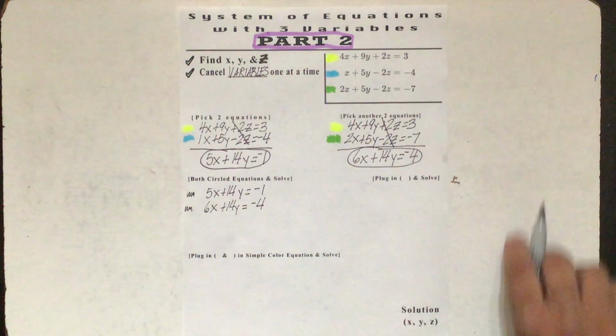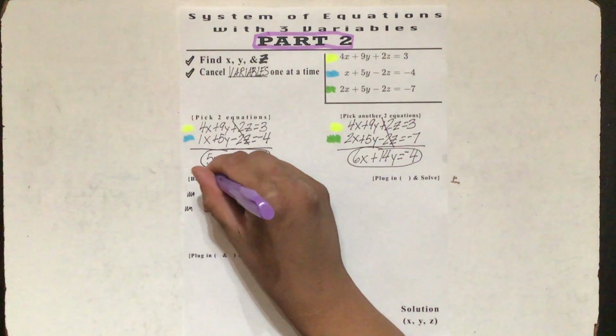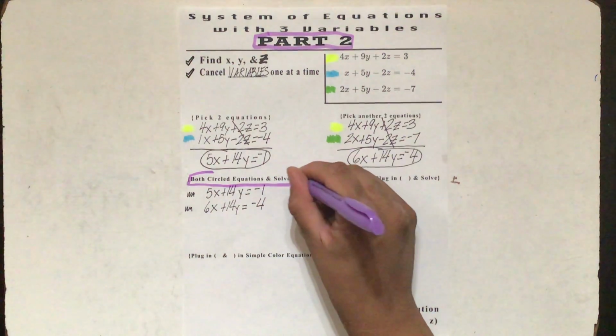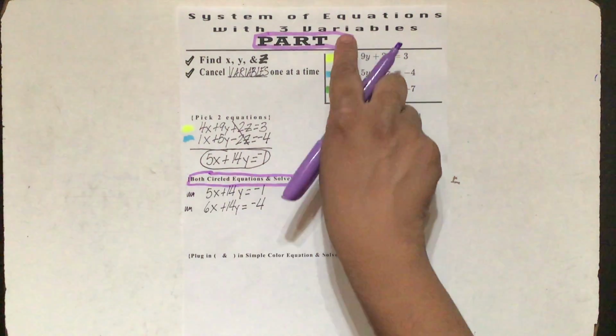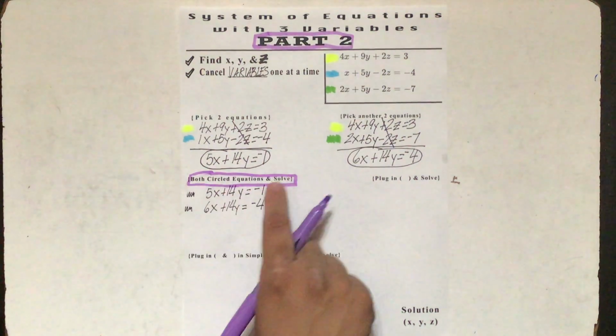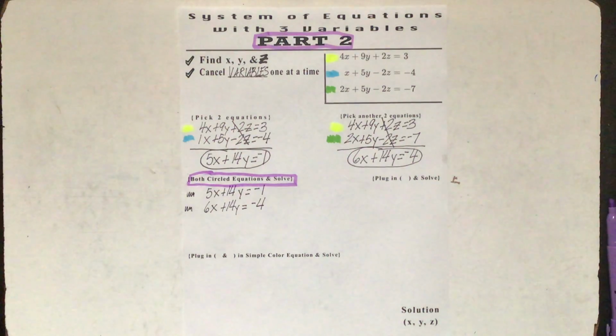Right? That would work. Then one of them would be negative 14y. And this is where I'm going to do the purple here. This is the part 2. This is the part that's different from part 1. Right here. I have to multiply one of the equations by a negative.